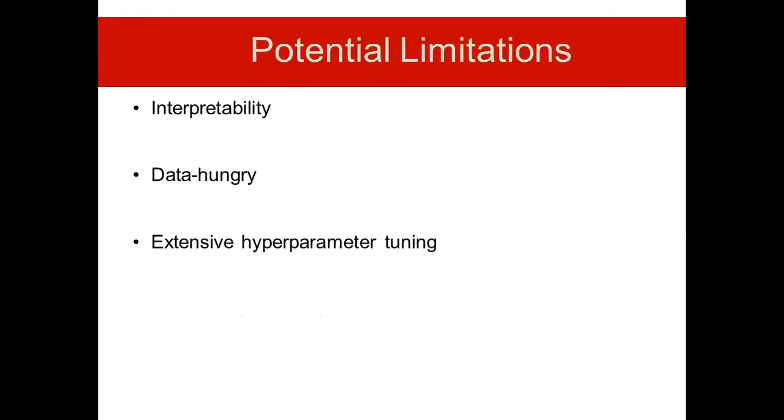The potential limitations of deep learning for recommender systems are, first of all, it's very hard to interpret your model, right? This is a common problem with deep learning. But we do want our results to be explainable, to enhance the trust of the users.